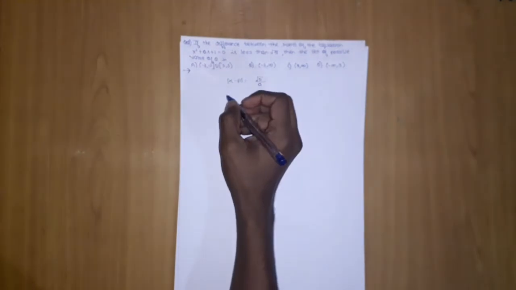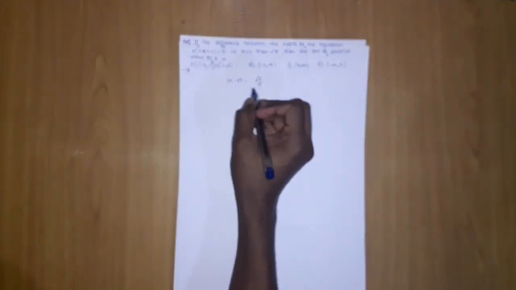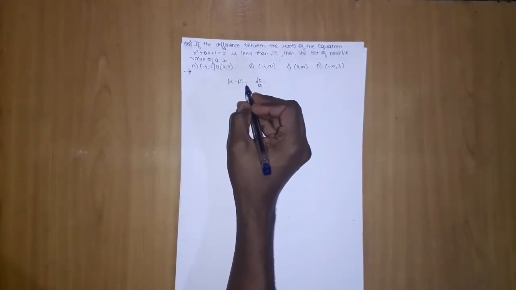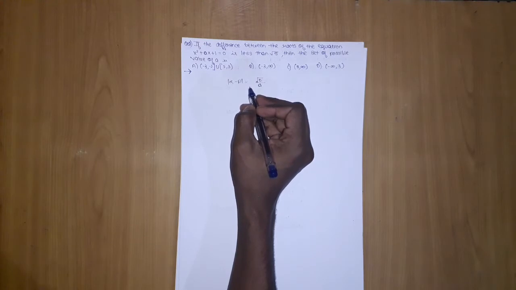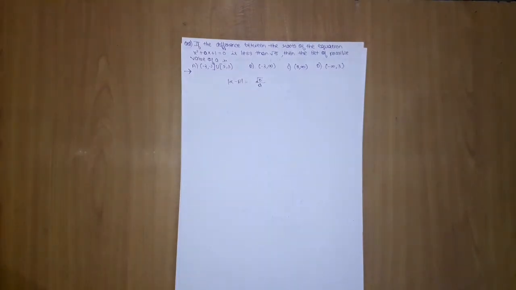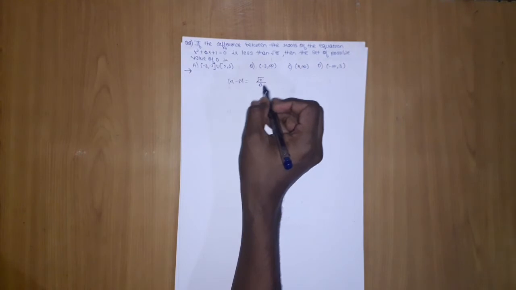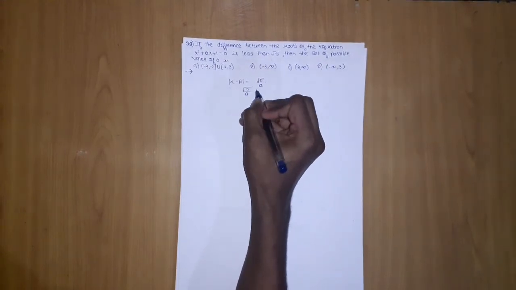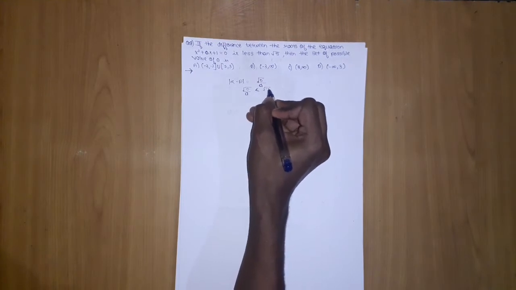So the difference of the roots means under root D by a, it is less than under root 5.